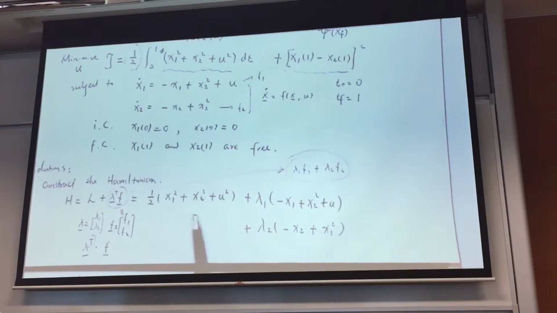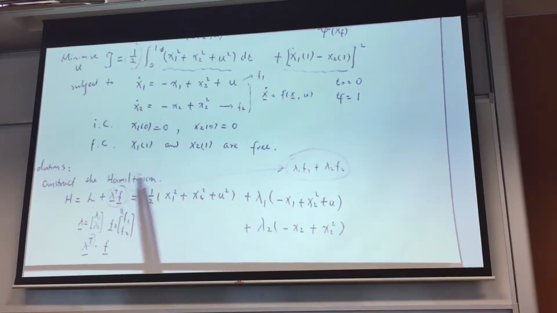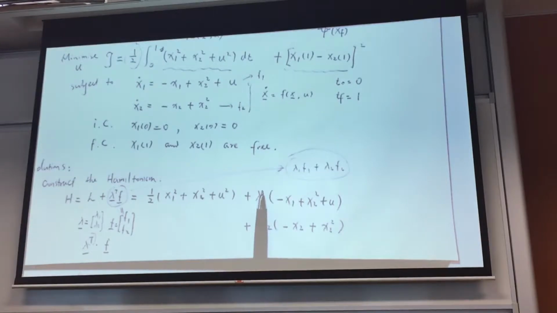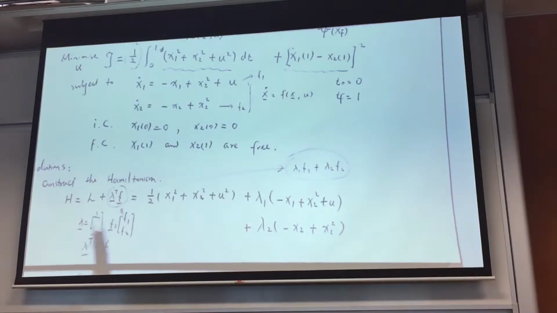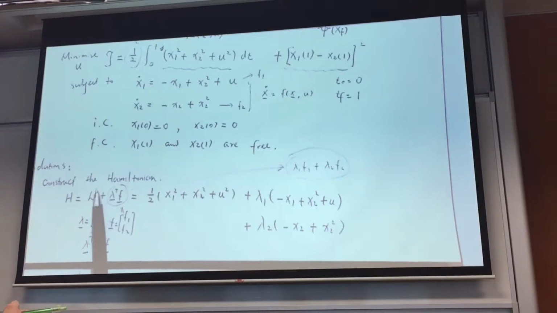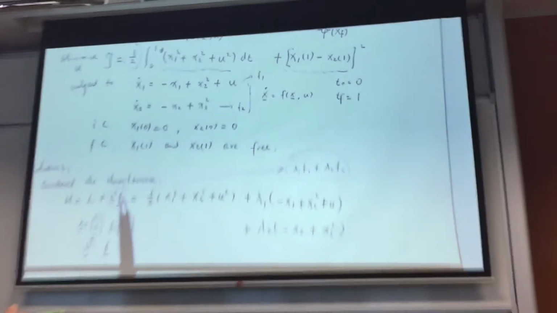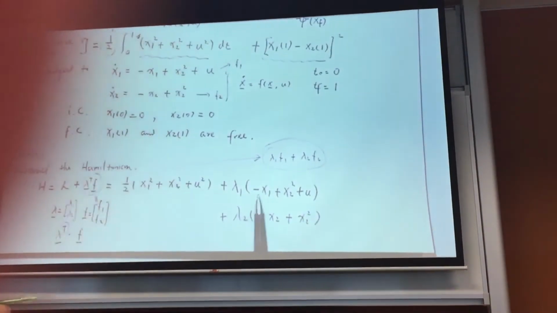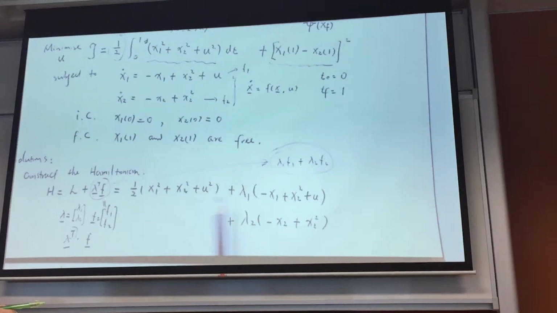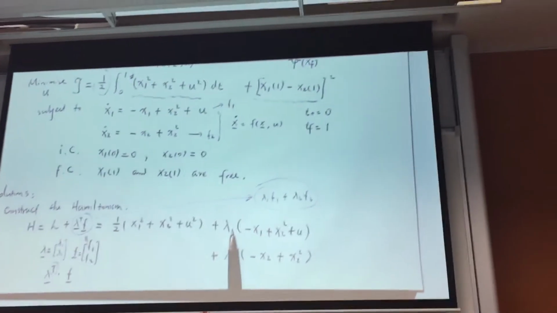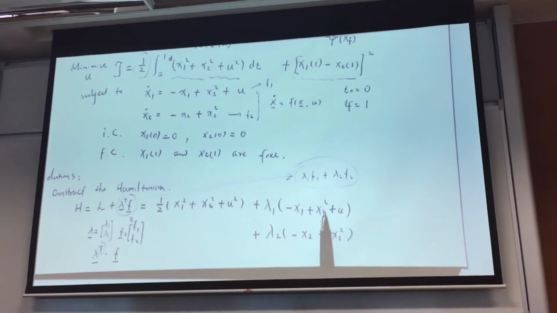Make sure you fully understand how this Hamiltonian is constructed. The Hamiltonian is constructed from the original cost function, but in this case we only use the function inside the integration, augmented with the product between the Lagrange multiplier and the constraint.